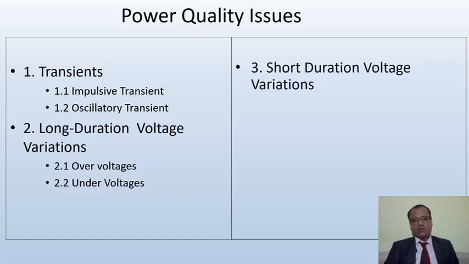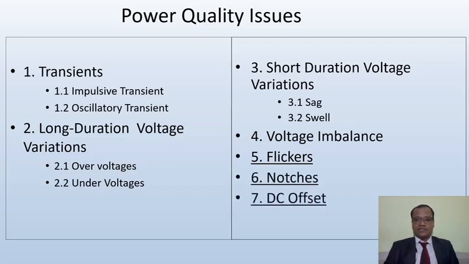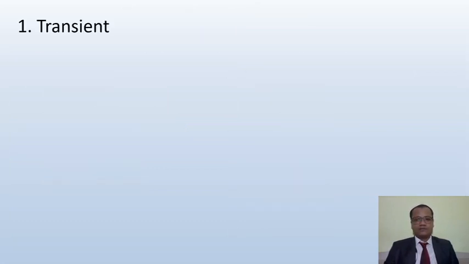The third issue is short duration voltage variation, which also has two types, voltage sag and voltage swell. Next is voltage imbalance, which occurs in the three-phase system, as we are going to see. Next are flicker, then notches and DC offset, and last is harmonics.